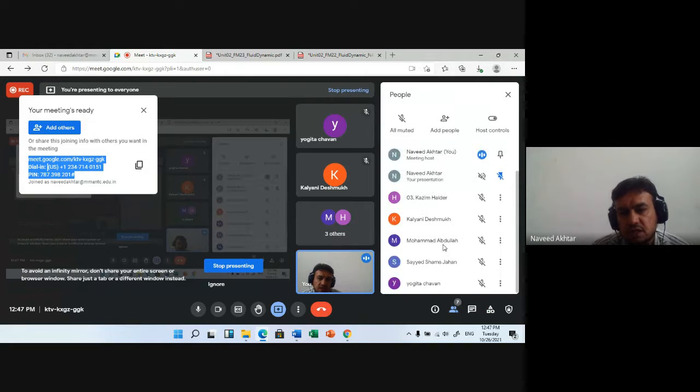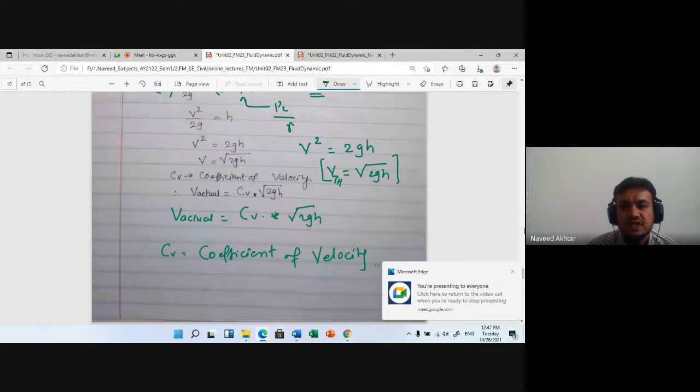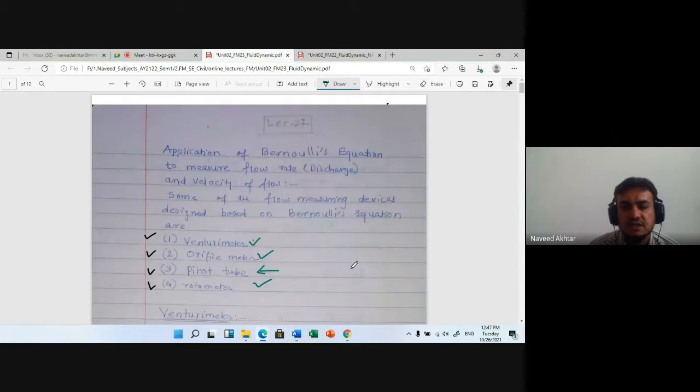So till now we have seen four types of flow measuring devices. Yesterday we saw the venturimeter, and today we have seen that the venturimeter measures the discharge.